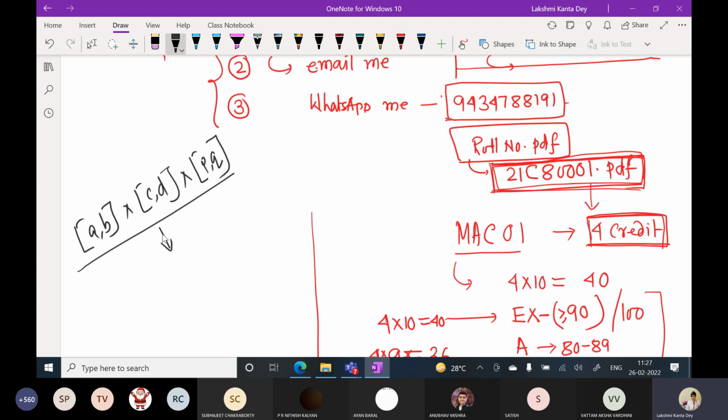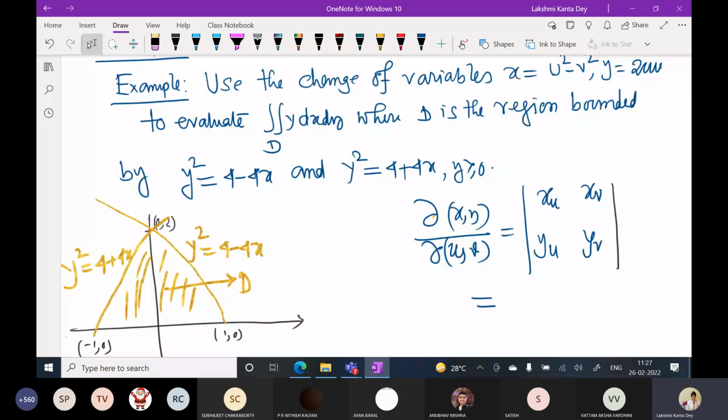Another important part in case of multiple integrals is change of variables. Initially we started from Cartesian coordinates to polar coordinates, then cylindrical coordinate system, then spherical coordinate system, and lastly we learned arbitrary transformation.